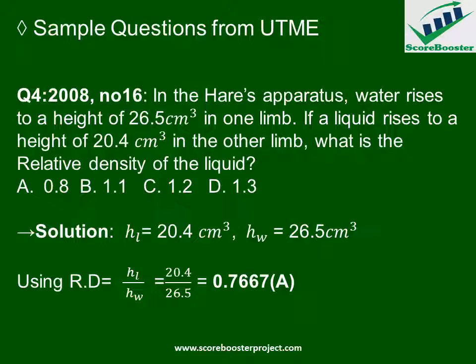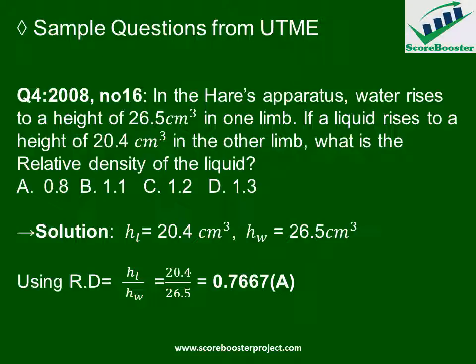If a liquid rises to a height of 20.4 cm3 in the other limb, what is the relative density of the liquid? Now, we're given option A to be 0.8, option B is 1.1, option C is 1.2, option D is 1.3. Now on to solution.